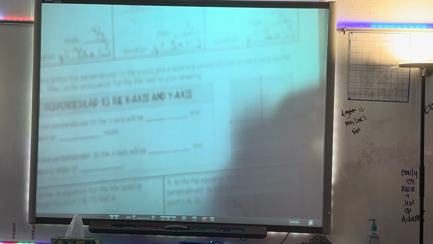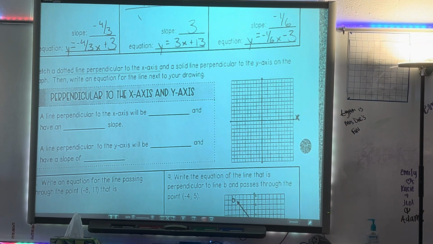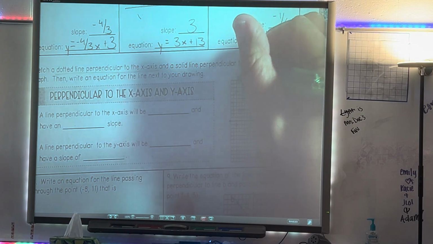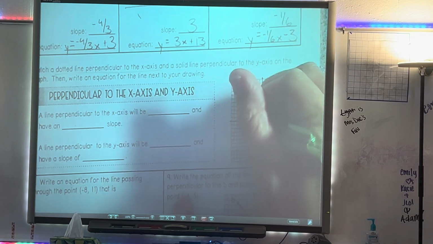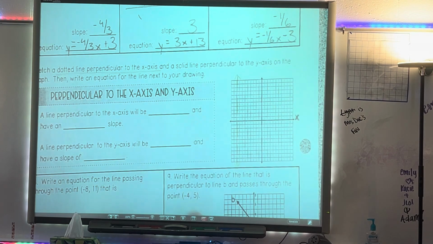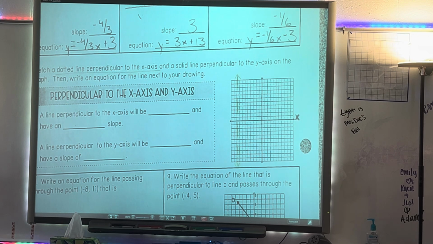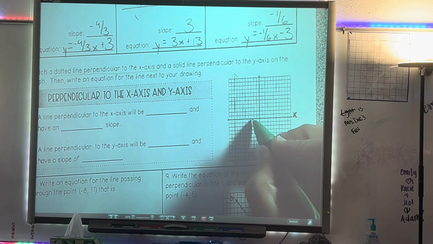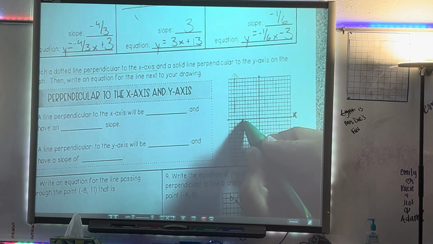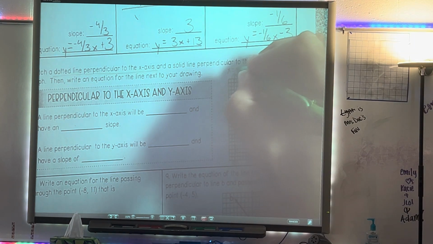And if I want to be perpendicular to it, what does my line need to look like? Vertical. And it says a dotted line, and you can draw it wherever you want to. I'm putting mine way over here. The equation of that line looks like it would be x equals -8, maybe? x equals -9. That's the equation of my line.